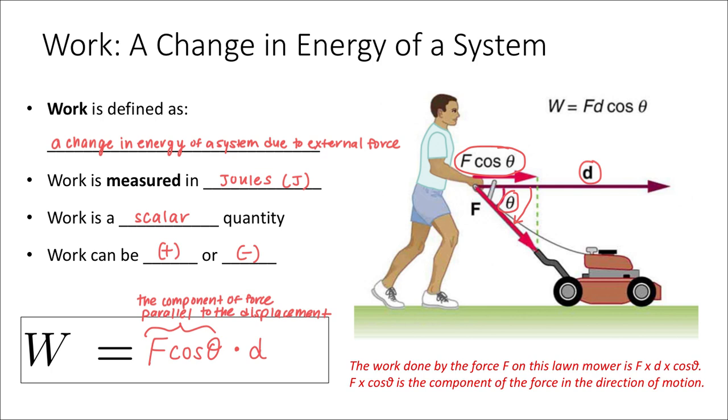So if you consider F here, the applied force, to be the hypotenuse of its own triangle, right? This leg of the triangle would be F multiplied by cosine of that theta angle between the displacement and the direction of the applied force. This gives us the component of force parallel to the displacement. We will take a look at some examples in a later video.